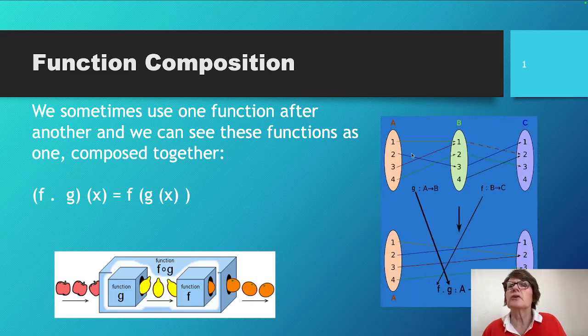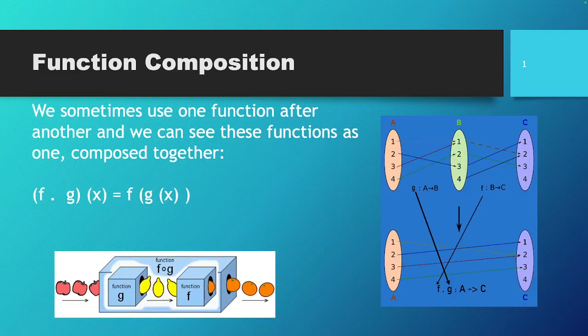And you can see it written here as well, more generically. You can see the apples as A and B as lemons, and f goes from B to C. Sometimes the tricky bit is remembering that because g happens first, the outside and the final type goes from A to B, and B is the common type there.